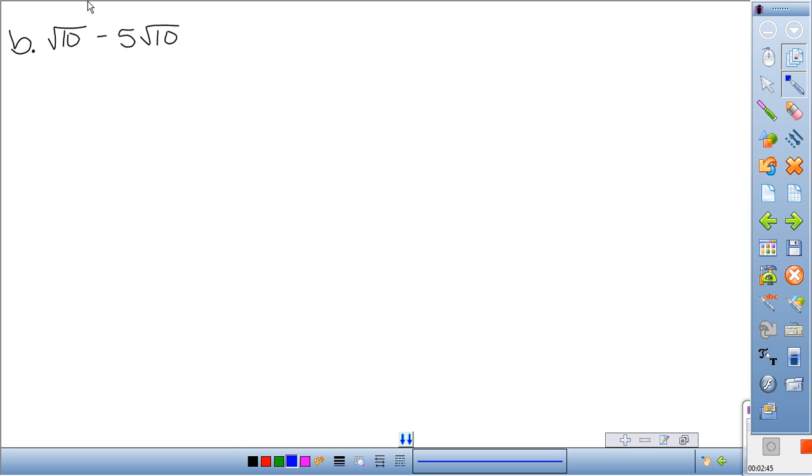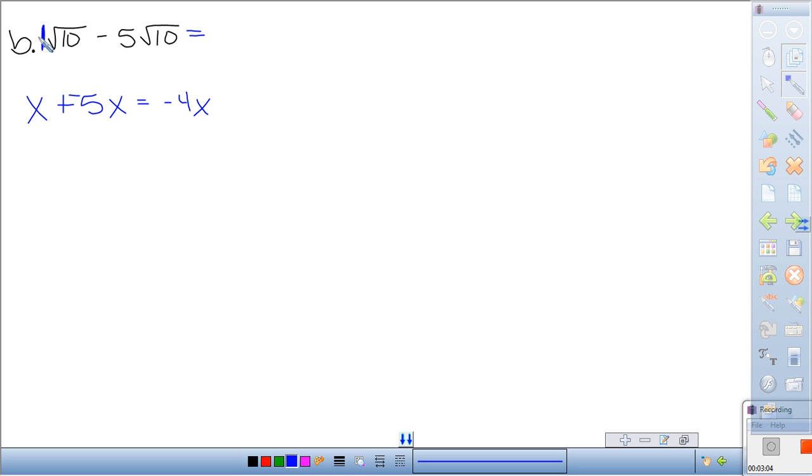So if I have x minus 5x, it's the same as x plus a negative 5x, which gives us negative 4x. Here, same thing. If I'm doing the square root of 10 minus 5 square roots of 10, you can put that little imaginary 1 there. 1 minus 5, that's negative 4 square roots of 10. So remember, just add or subtract your numbers, and then tack on that square root of 10, or that radicand.